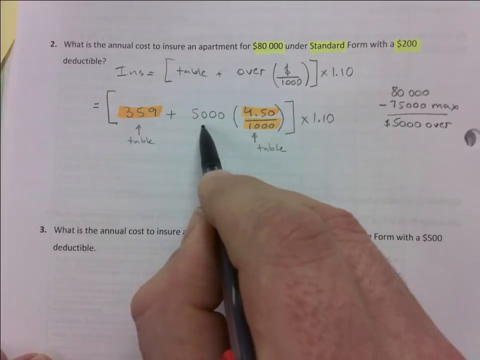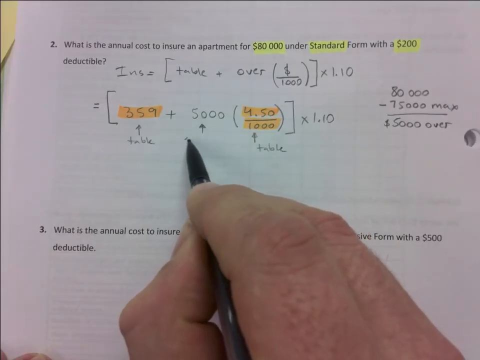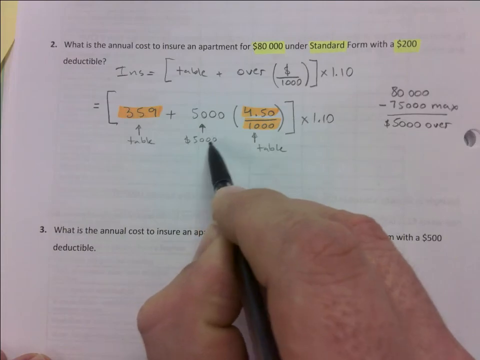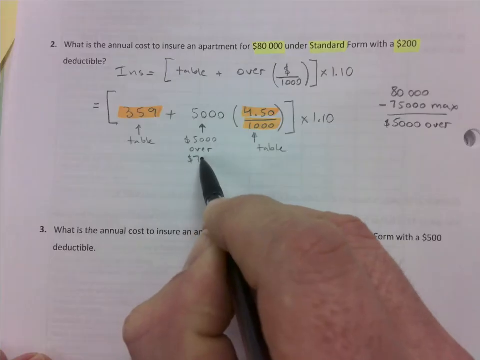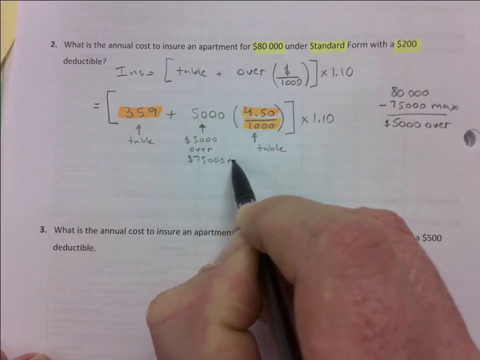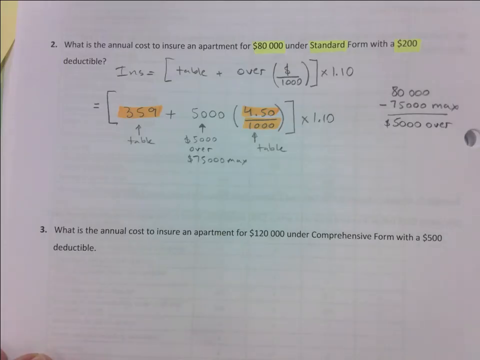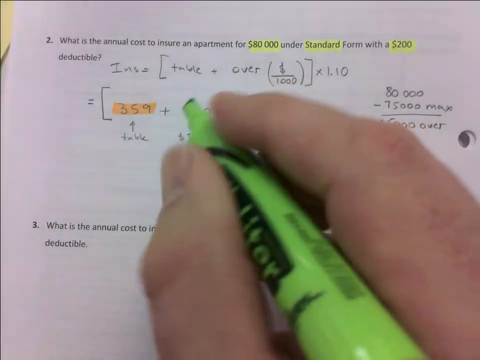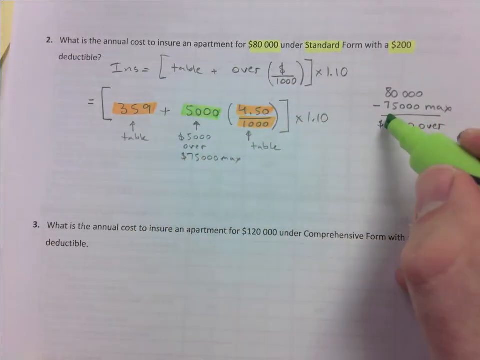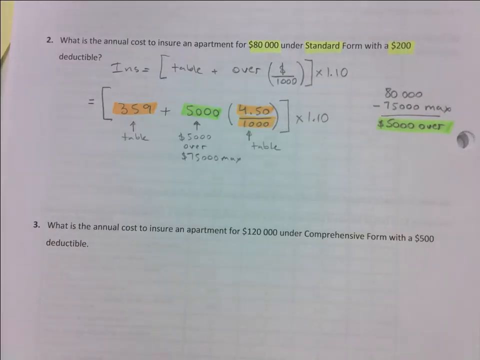And the $5,000 is your amount over and above the $75,000 max. That's why I came up with the 5,000 there. I like colors because when you flip through your notes, this 5,000, I calculated on the side here.